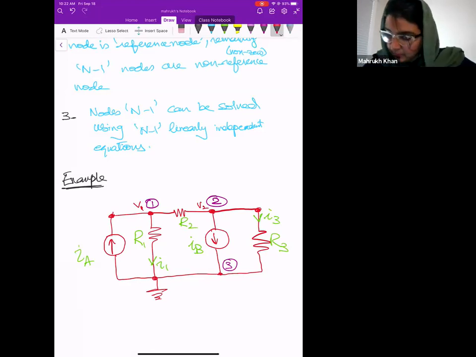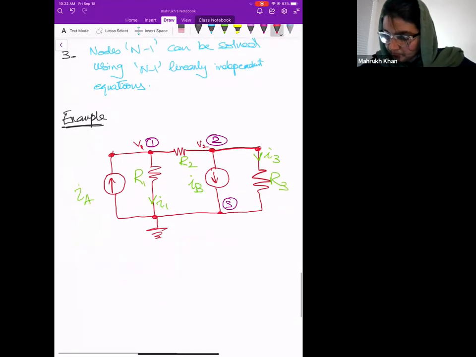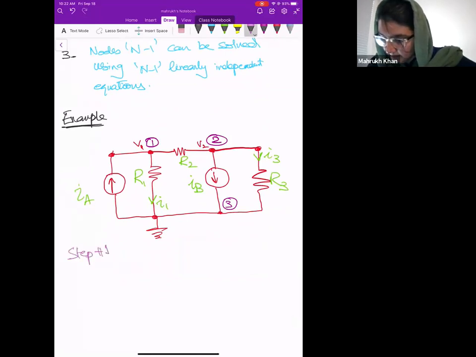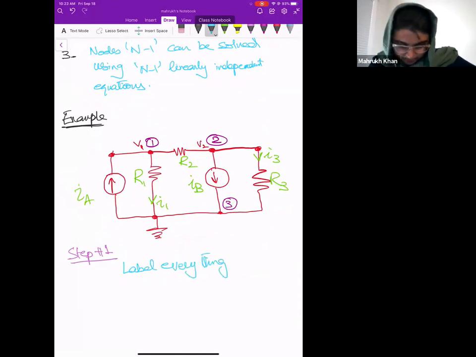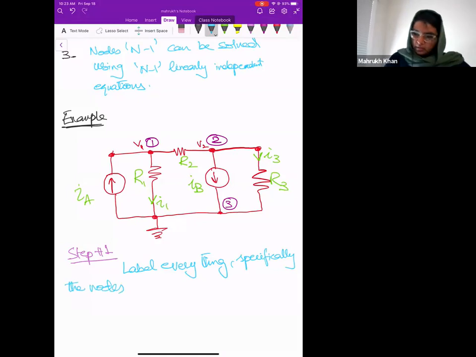So our step number 1 was to identify the nodes.